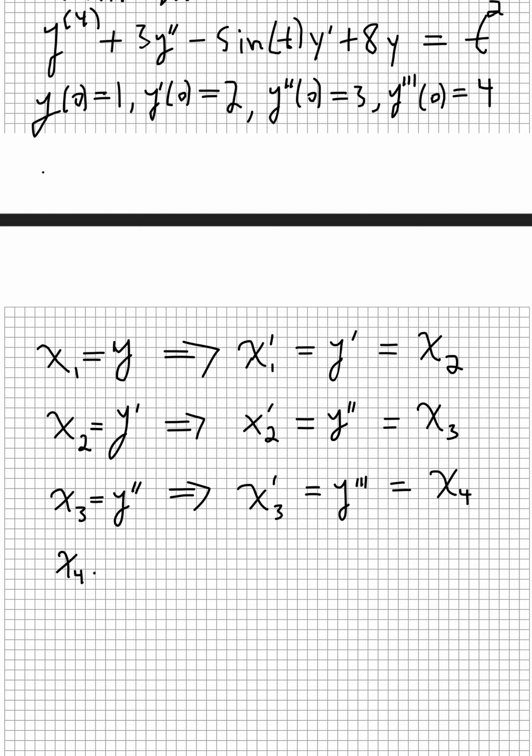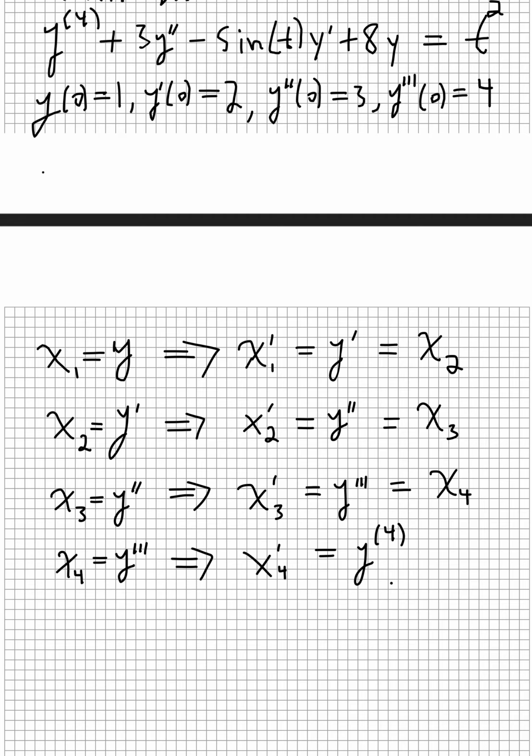So now that we have x4, which equals y triple prime, if we were to take the derivative of this, something special happens. We get x prime 4, and that's going to equal y to the 4. And bingo, this is exactly what we want.